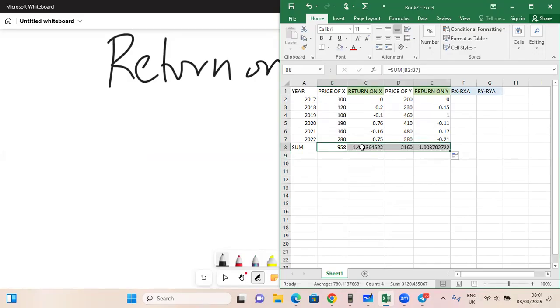The summation is basically adding all of them. All right. So now this is the sum. This is the total here.